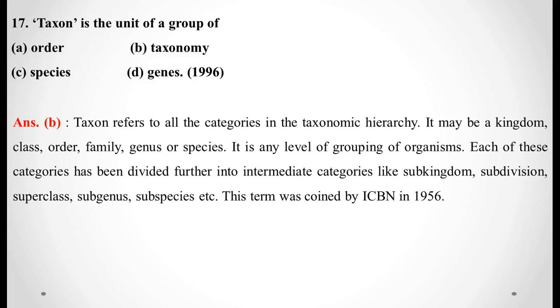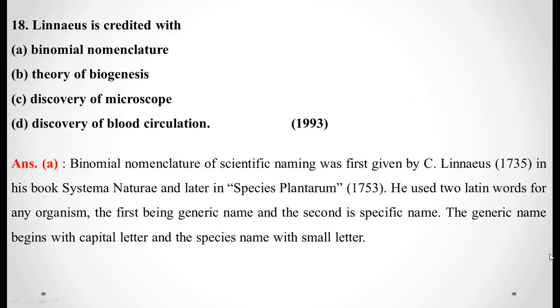The next question is, Linnaeus is credited with the binomial nomenclature, theory of biogenesis, discovery of microscope, or discovery of blood circulation. Linnaeus is credited with the binomial nomenclature, so option A is the correct one.